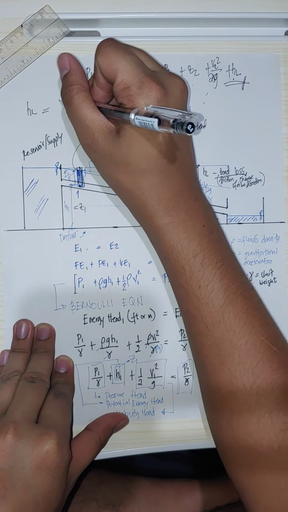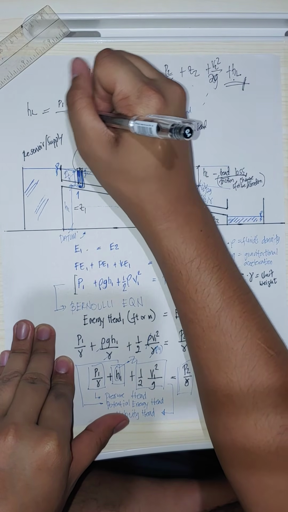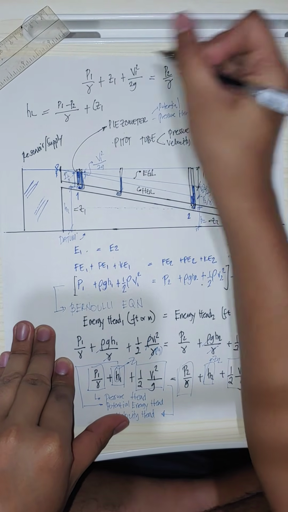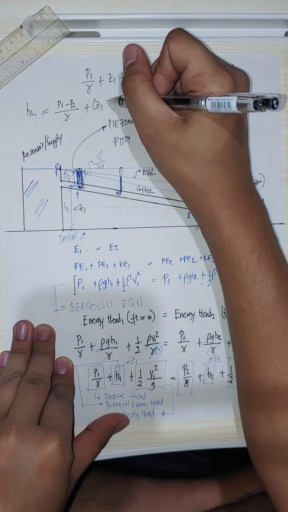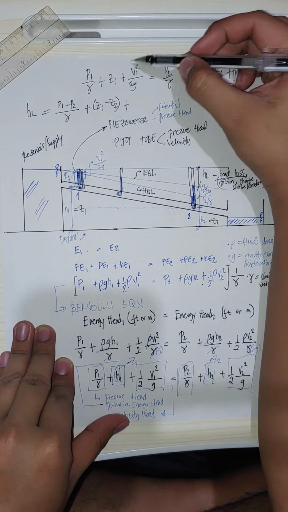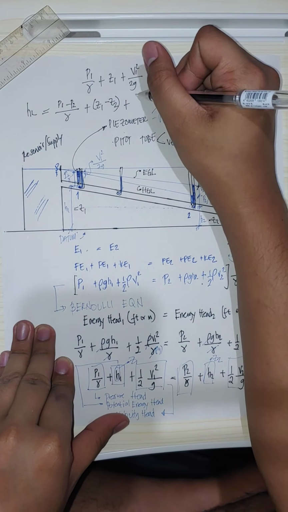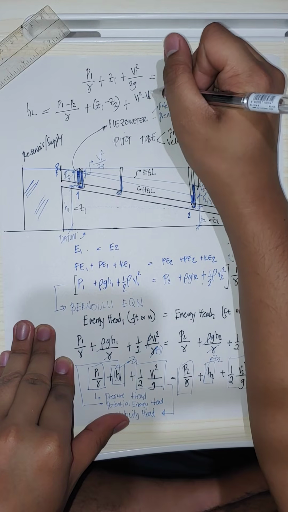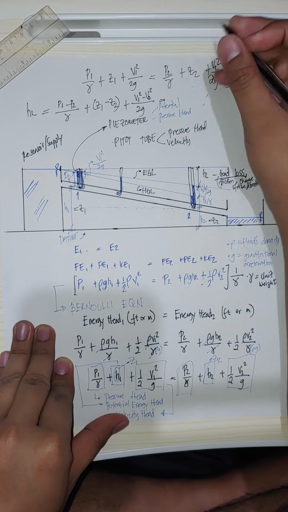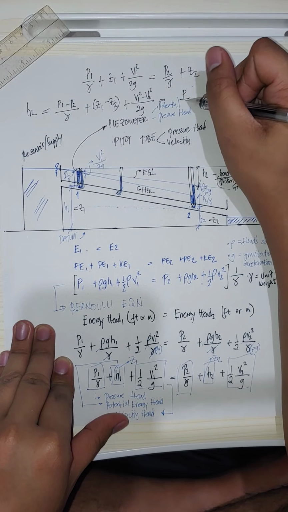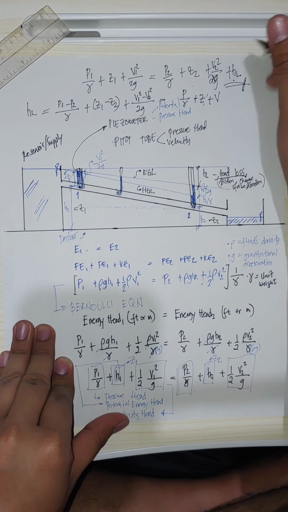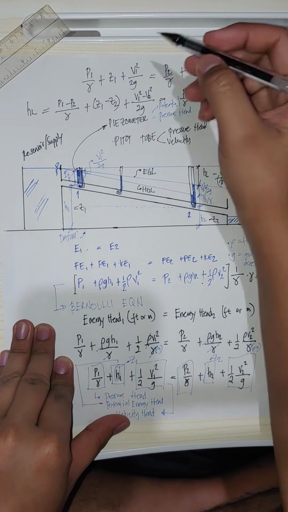Then we have the pressure 1 minus pressure 2 over gamma, plus Z1 minus Z2 (transposed), plus velocity head 1 minus velocity head 2, so V1 squared minus V2 squared over 2G. Or simply, we can write this as P over G plus Z plus V. So this will be our head loss.